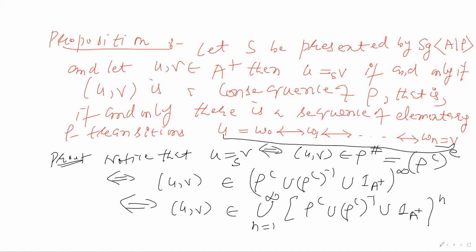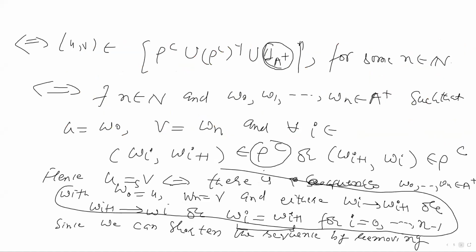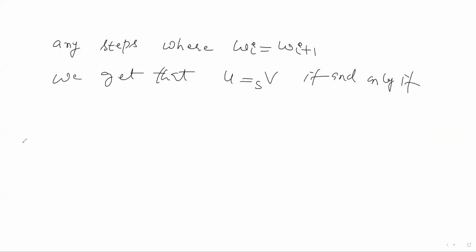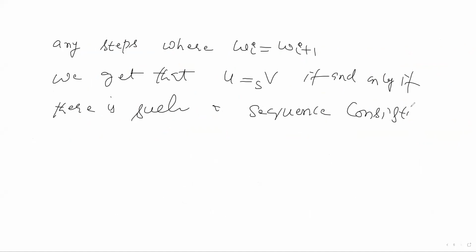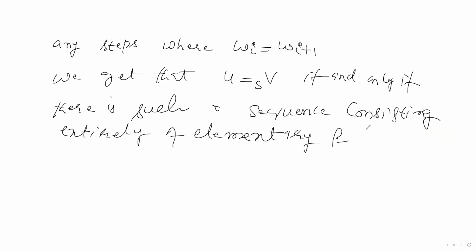So this is actually the sequence of elementary row transitions if and only if there is such a sequence consisting entirely of elementary row transitions, and this proves this theorem.